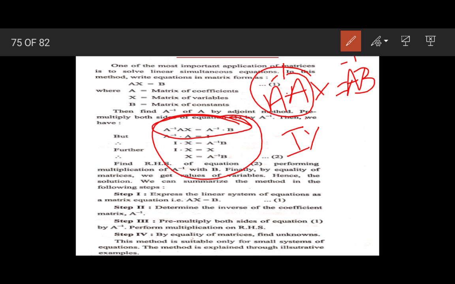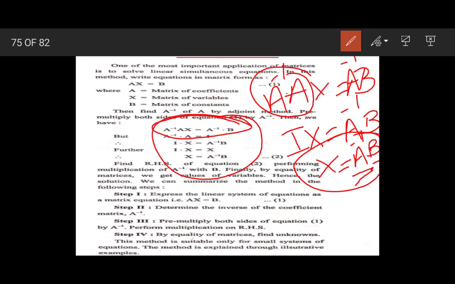So I into X is equal to A inverse into B. Now I into X means simply X. So X is equal to A inverse into B matrix. So to find the variable, we have to find A inverse and then multiply A inverse with B. B means the matrix of constant.